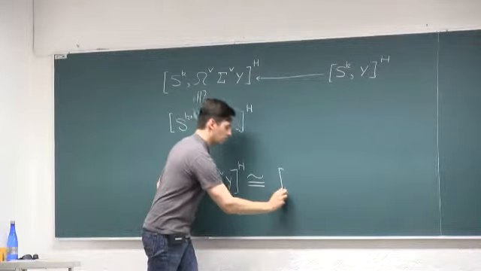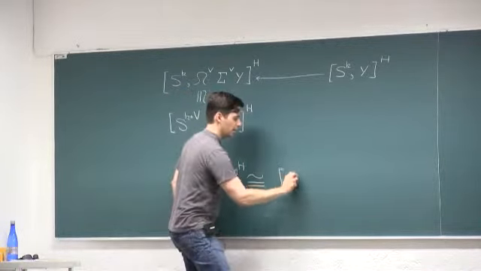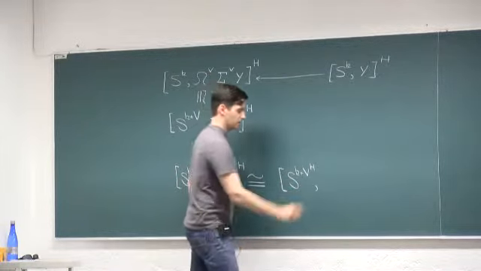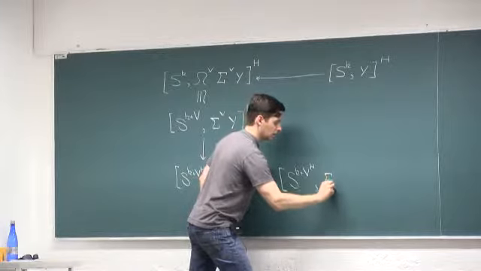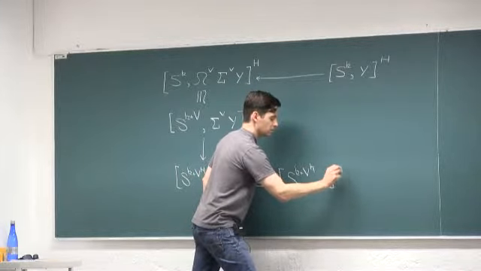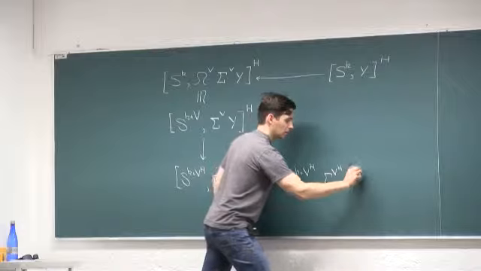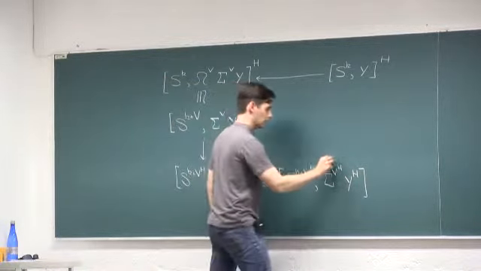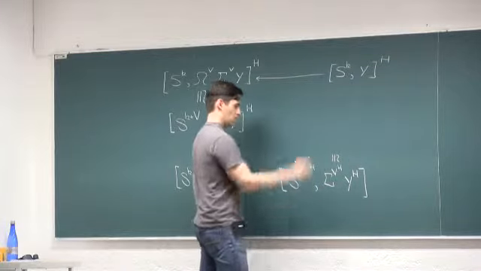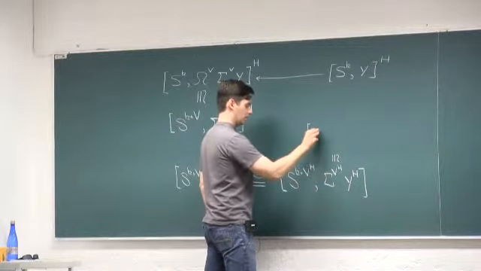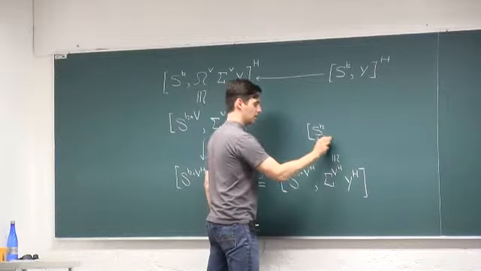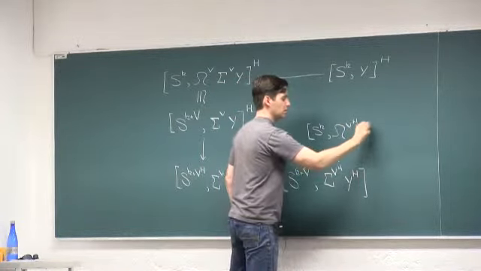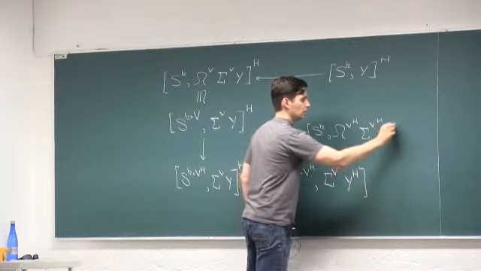And this was always isomorphic to non-equivariant maps from S^K_+ ∧ S^{V^H} into the V^H-fold suspension of Y^H. And this was always isomorphic to S^K into Ω^{V^H} Σ^{V^H} Y^H.